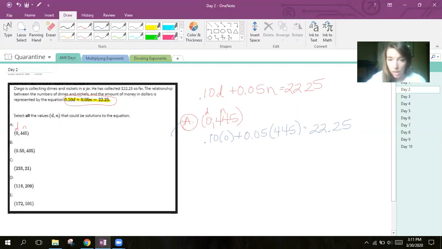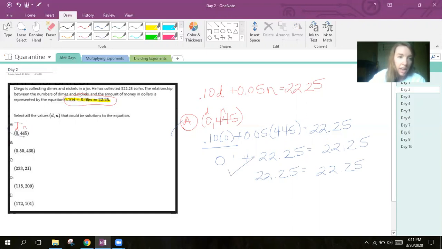So we know that any amount times 0 is just going to be 0, plus 0.05 times 445 is 22.25. So if we have 22.25 plus 0, that's 22.25. That equals 22.25. So is that true? Does that make it true? Yes, it does. So we can come over here and A would be one of the correct answers.